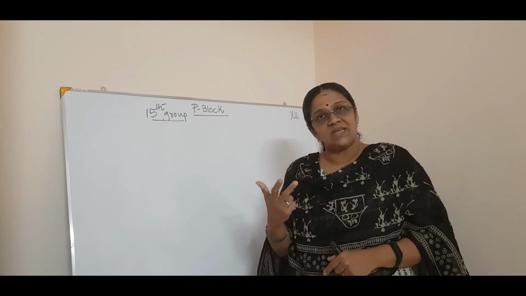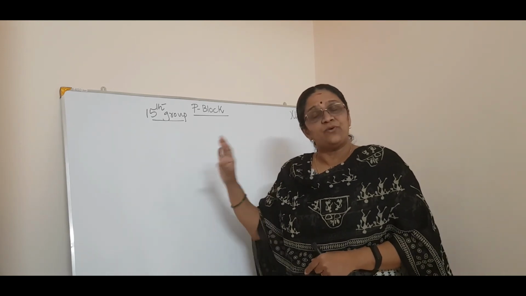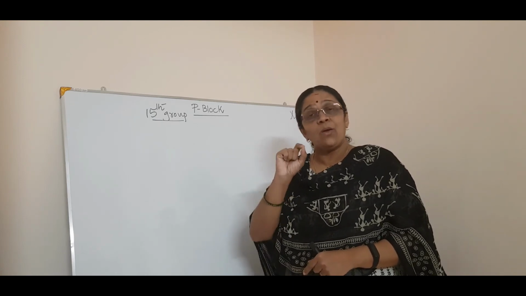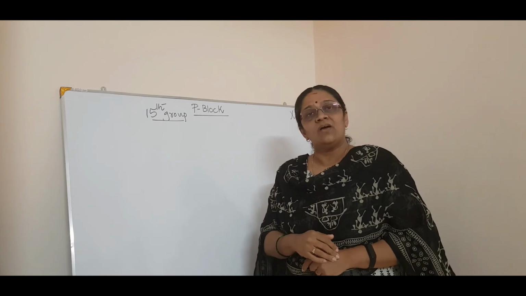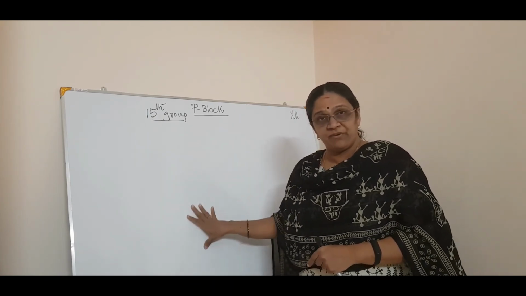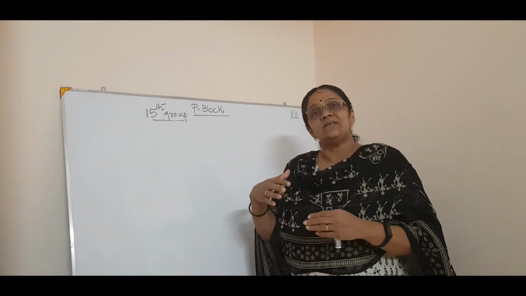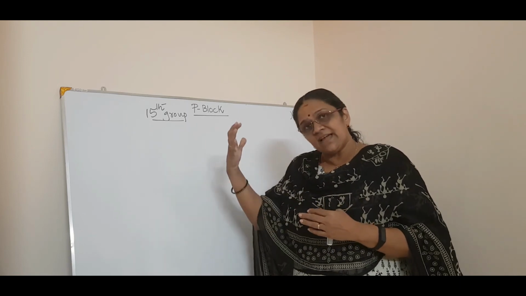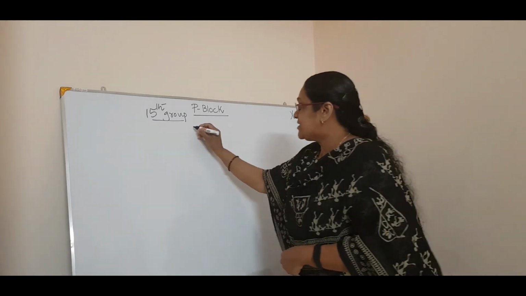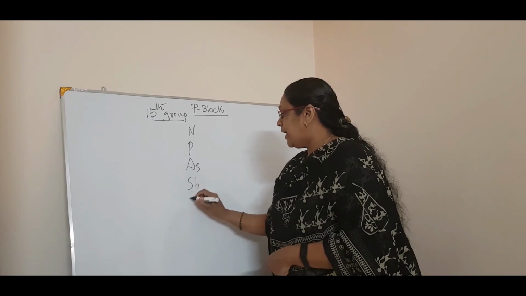So what I want to say is, you have to see the full topic as very, very important, in the sense that every line is important in that. They will give a general trend. Now we are going for the 15th group. When you come across the 15th group, we will study certain properties and certain trends in that group. The nitrogen family is nitrogen, phosphorus, arsenic, antimony and bismuth.